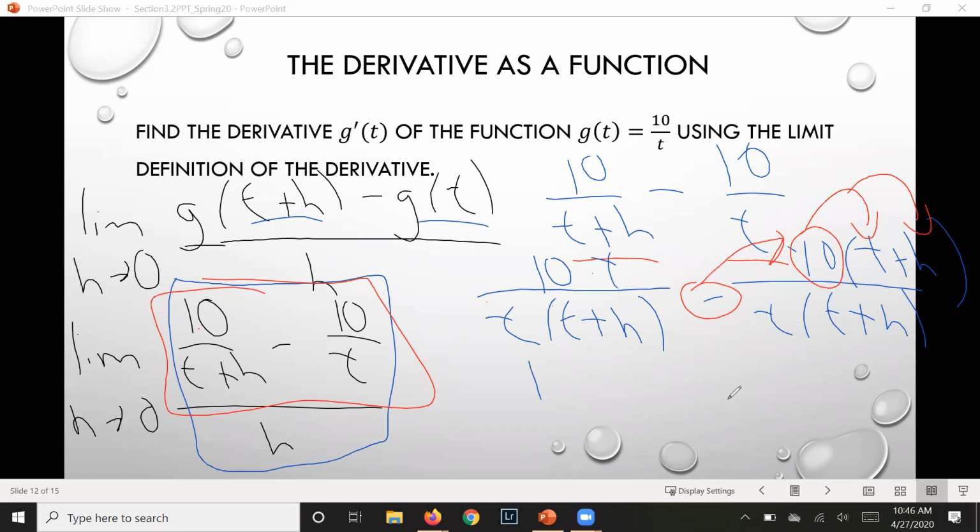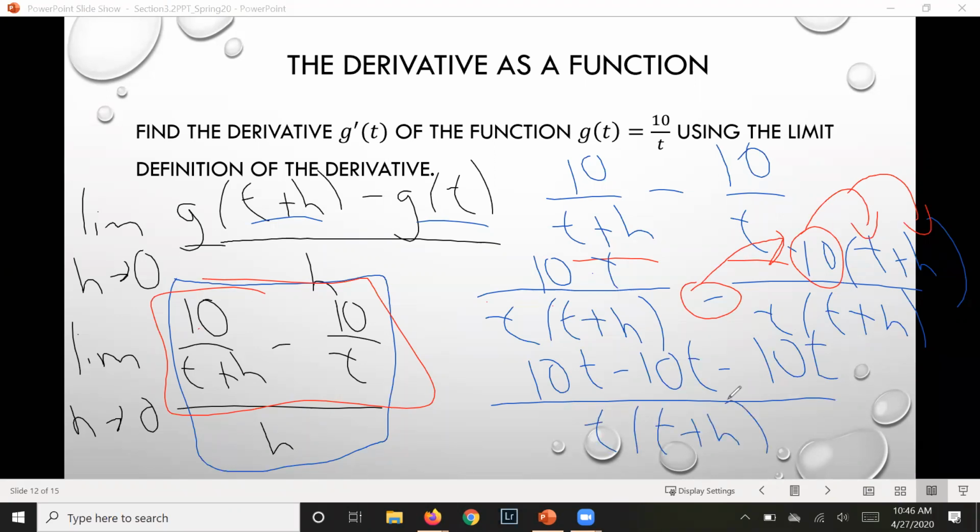We'll end up on the top of our fraction as 10t minus 10t, and we distribute the negative 10, and then a minus 10h, all over t times t plus h. Then notice on the top, we have a 10t and a minus 10t, so they'll cancel. And I also realized I wrote the wrong thing here. This should not be 10t, this should be 10h here. Okay, so we have a minus 10h left on the top.